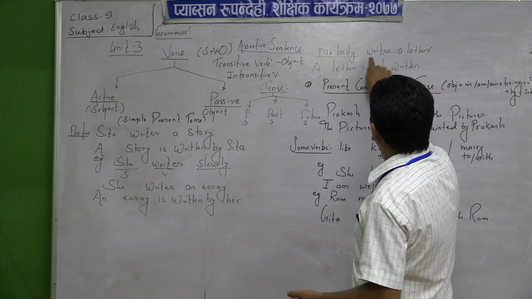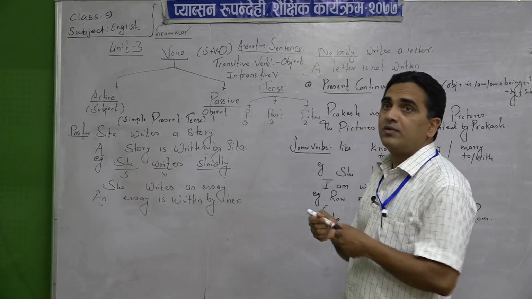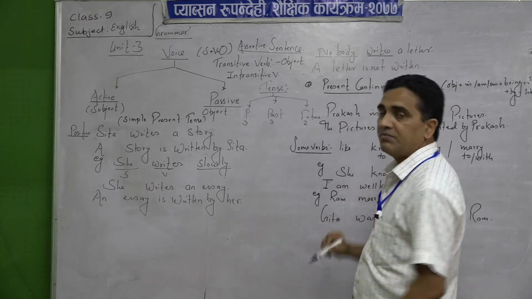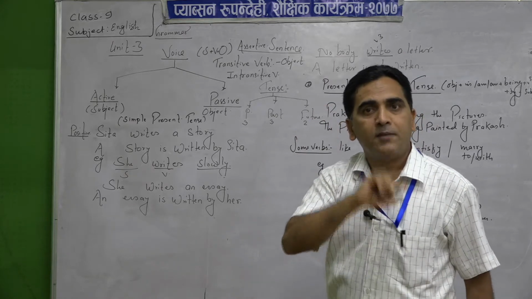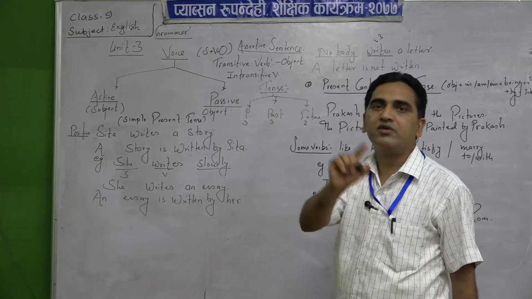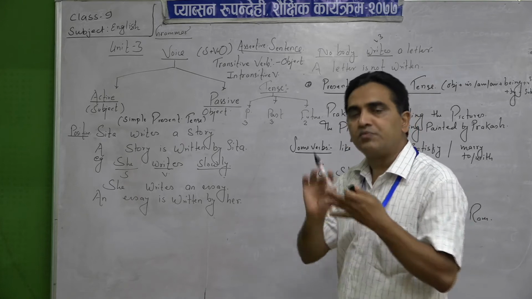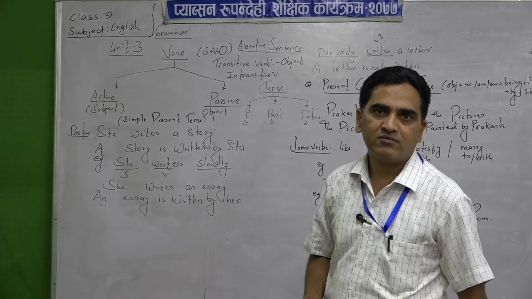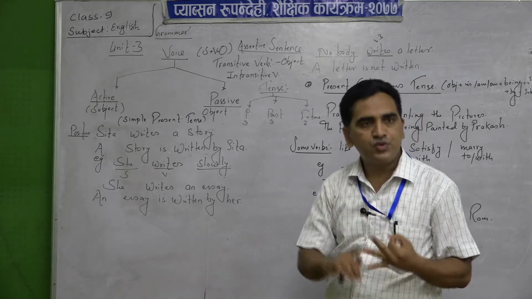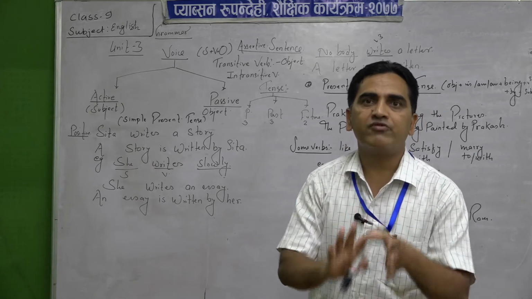We have to change this main verb into the past participle, B3. Past participle means B3. Present participle means B4. There are 5 forms of the verb, my dear students: B1, B2, B3, B4, B5.